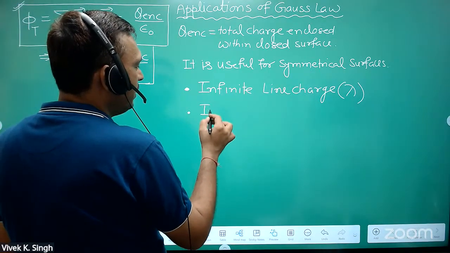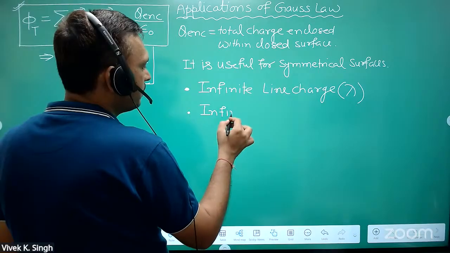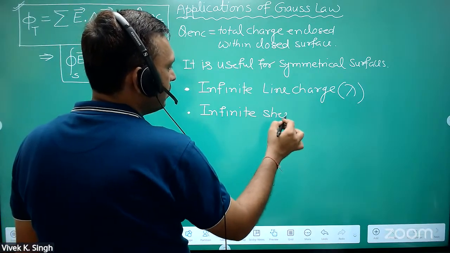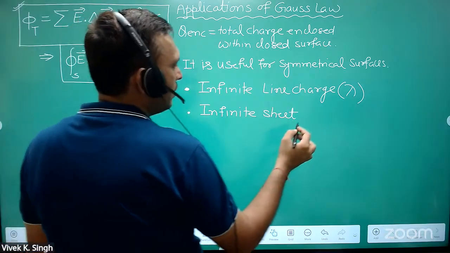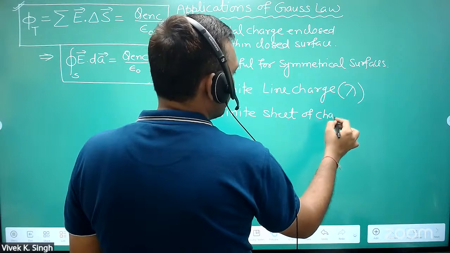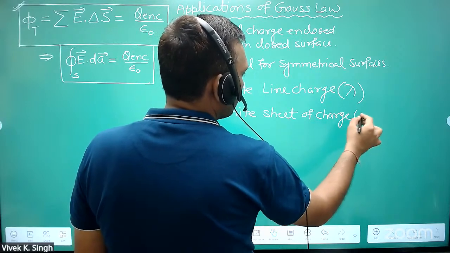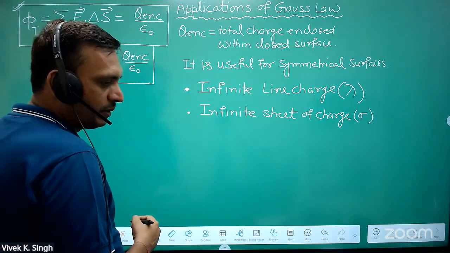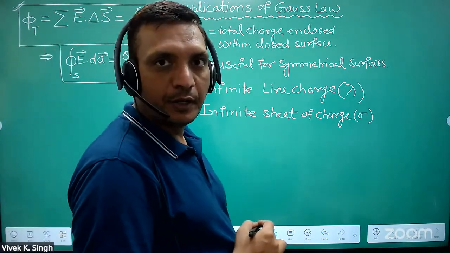Then infinite sheet, field due to infinite sheet. Infinite sheet of charge having charge per unit area sigma. Sigma is charge per unit area.